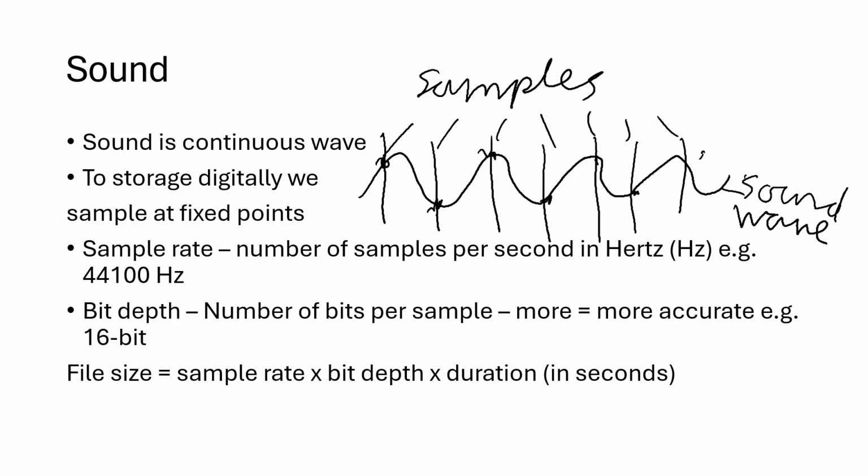So we sample the position of the wave at fixed points, and then we can reconstruct that wave based on those. When we store it, we have this point, this point, this point, and then we can say it must go like this between here, and this between here. That way we can reconstruct the original wave.